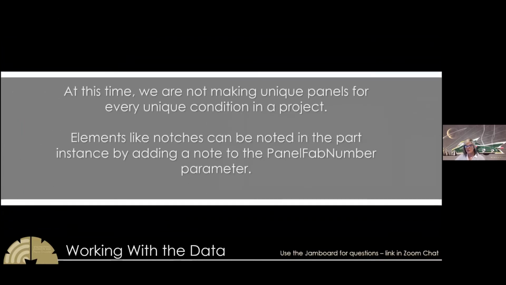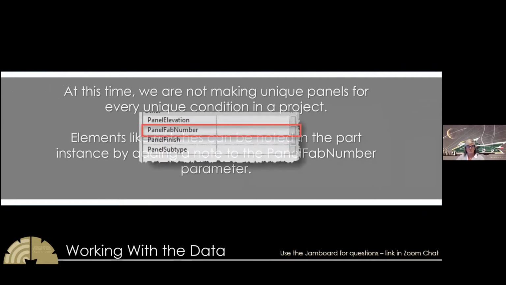So at this time, we're not making unique panels for every unique condition on the project, meaning if you have a lot of flat panels in a soffit and you get to a corner where there maybe needs to be a notch, we're not concerned with modeling every one of those panels. Elements like notches can be noted in the part instance by adding a note to the panel fab number parameter, and that's this guy right here.